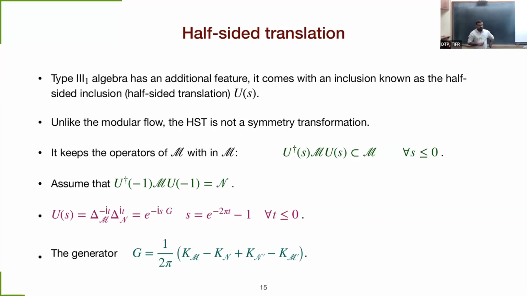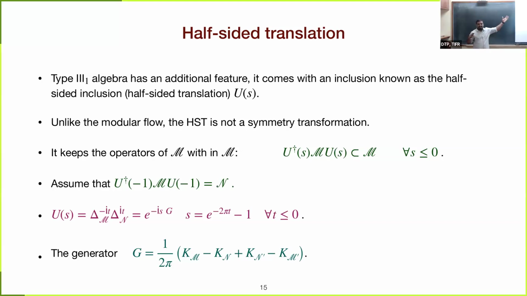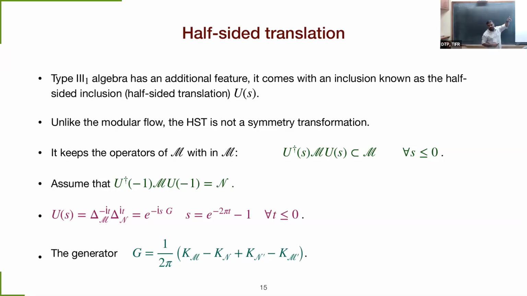I see. And what was the significance of taking s to be -1? If I take s to be -1, this will shrink the operator algebra. Any negative s. If you take a positive value, then it is not interesting. Is -1 as good as any other negative value, or is it a special value? For this setup, -1 is a special value, given that you are associating a particular algebra.